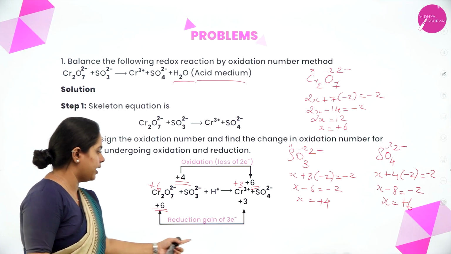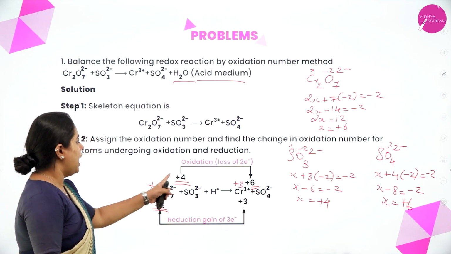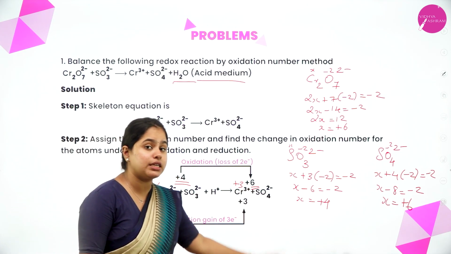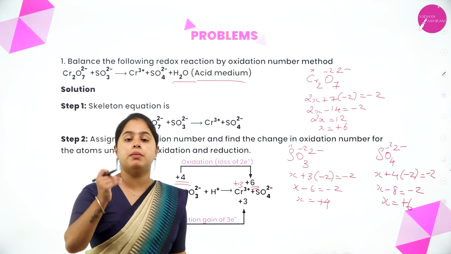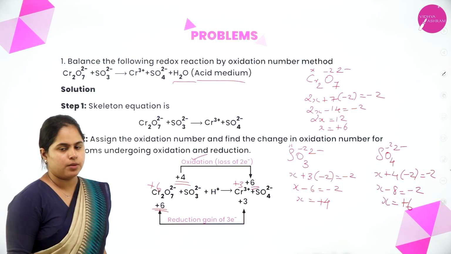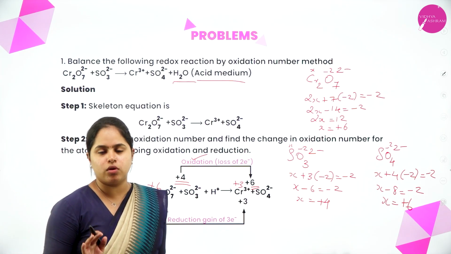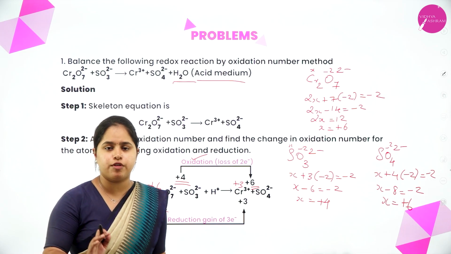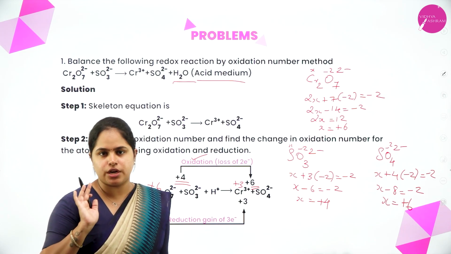And sulfur goes from plus 4 to plus 6. The oxidation number has increased, so oxidation has taken place. So in the second step we calculated the oxidation numbers and identified which is undergoing oxidation and which is undergoing reduction.